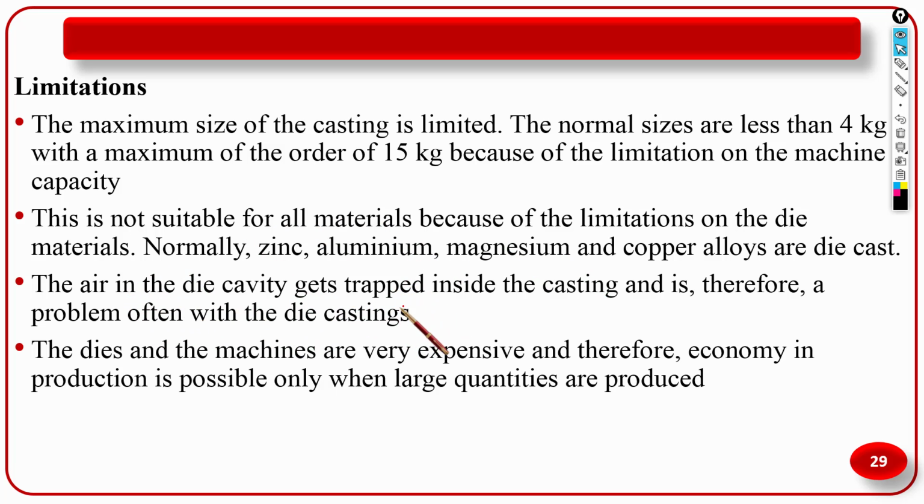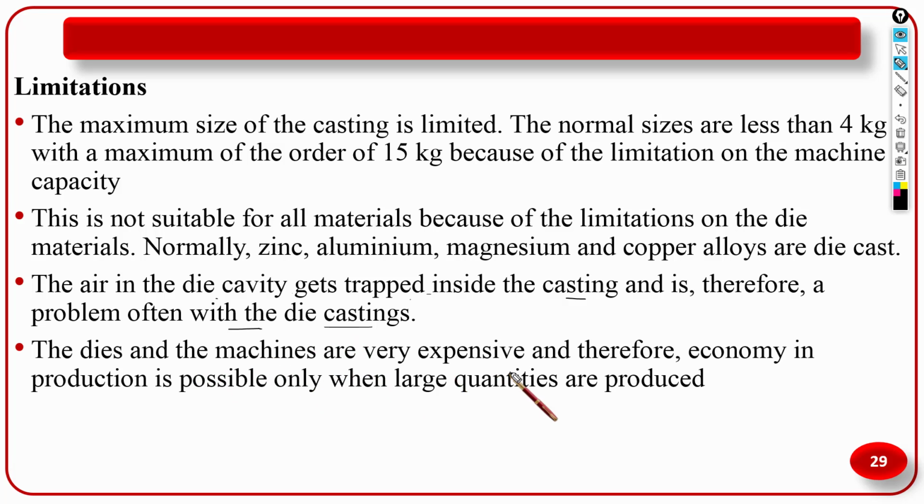This is one of the biggest problems in pressure die casting, and that's why the next casting method was invented. The air inside the die cavity gets trapped inside the casting, and therefore a problem occurs: defects, bubble formation will be happening.